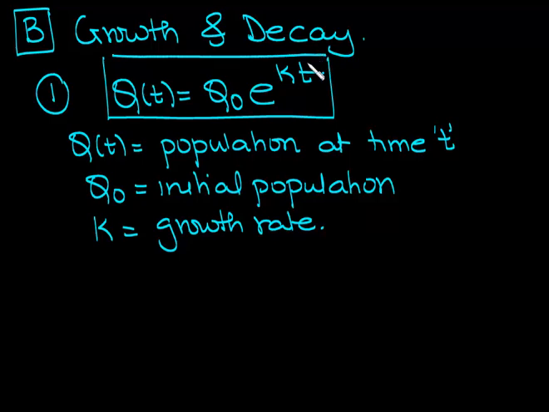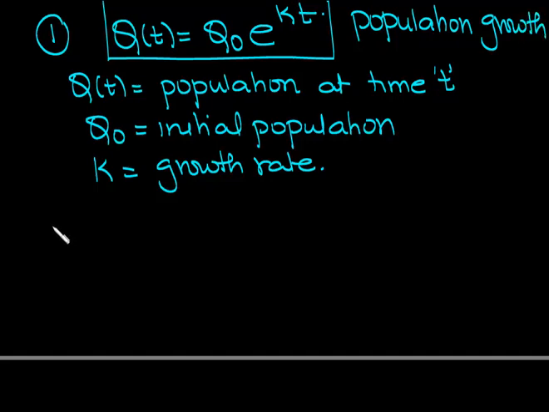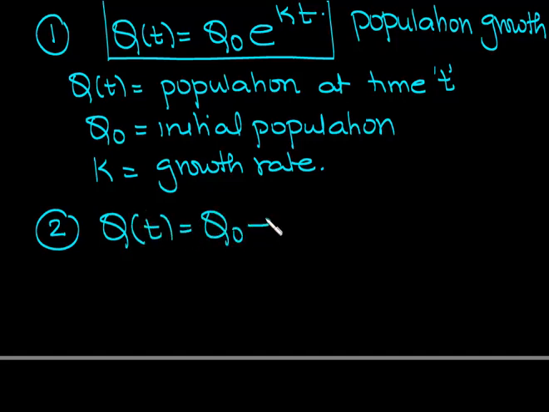Pretty okay with that? Now, you can also have a similar formula for decay. So this is basically population growth that we are talking about. There's another formula that has to do with decay, which looks exactly the same. The only difference is now you have a negative kt.